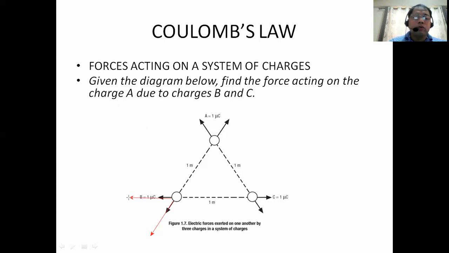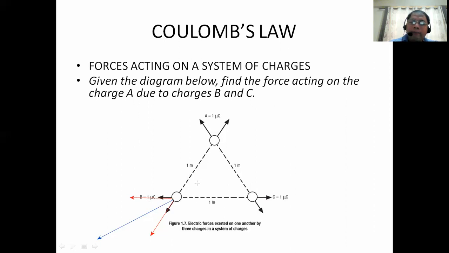So there would be force 1 that pushes it slightly, at a certain angle, downward, and because of C, it will be pushed also to the left. But question, where is now our net force? Now our net force will be somewhere in between these two. If you recall in your physics 1, if there are two forces involved, then that net force will be somewhere found in between them.